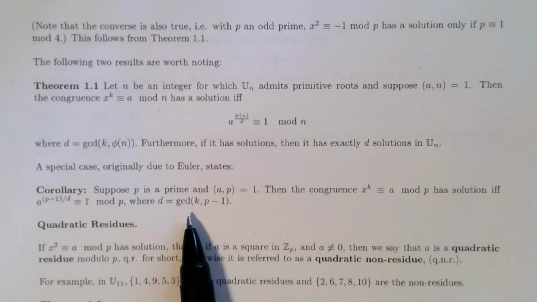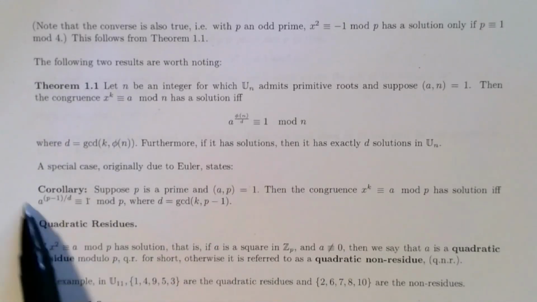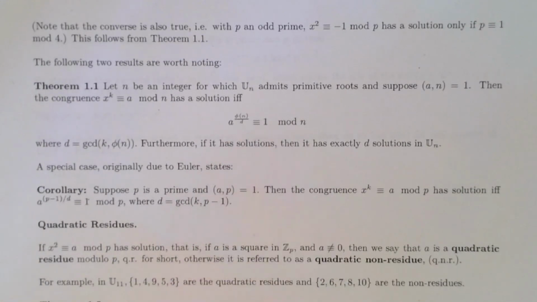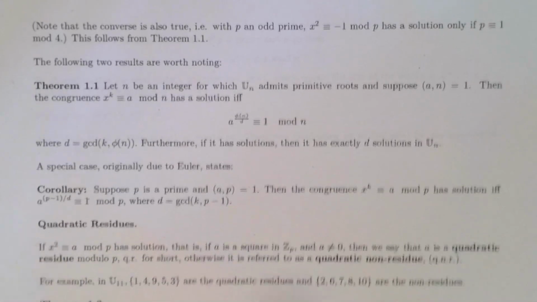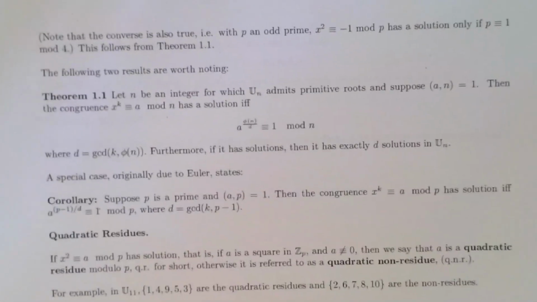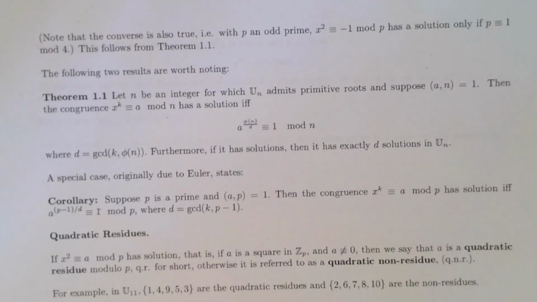So that is a very nice result. This was a result by Euler, and this is a nice generalization of it. In the next section, we'll start having a look at quadratic residues, and we'll get to Gauss's famous quadratic reciprocity theorem.